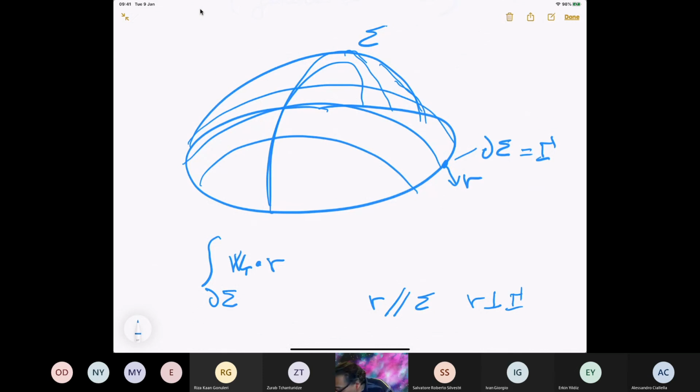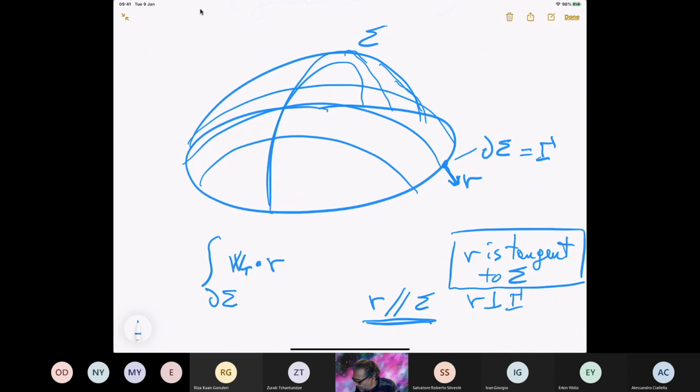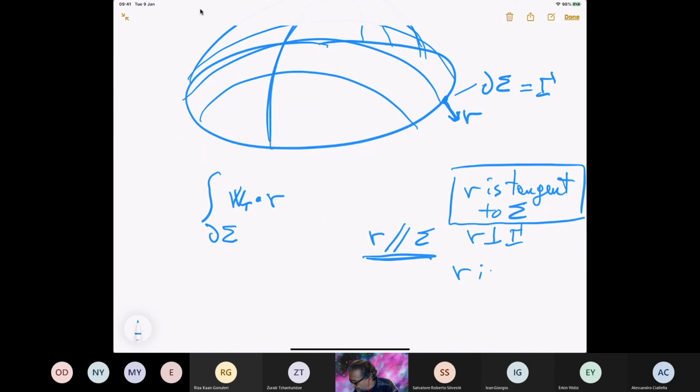My drawing is not very good, but I am telling you that nu is parallel to sigma. So nu is tangent to sigma, and nu is orthogonal to gamma. Okay?